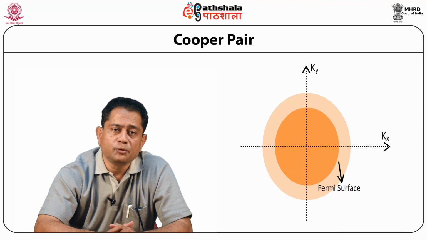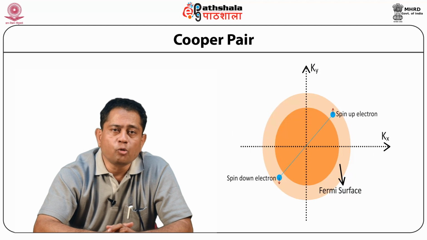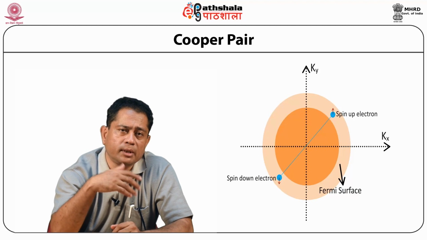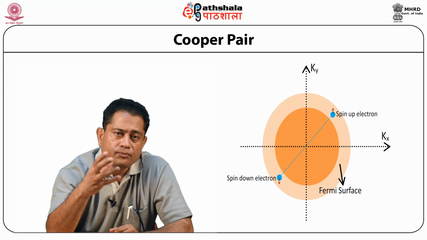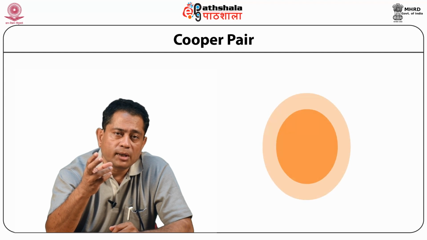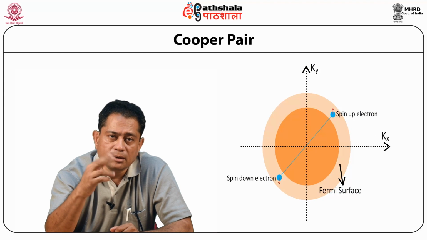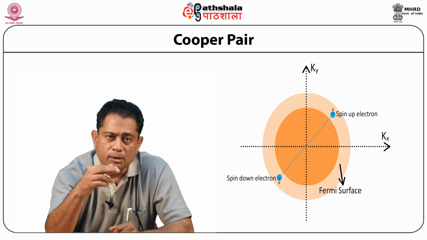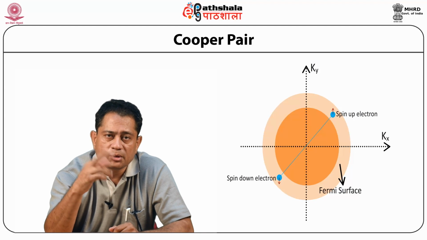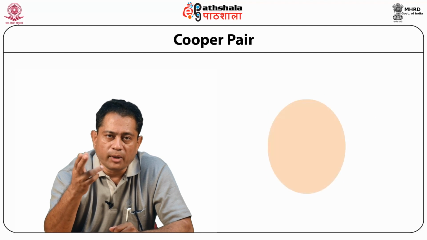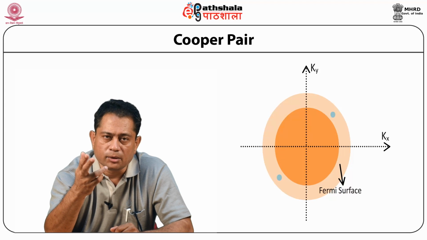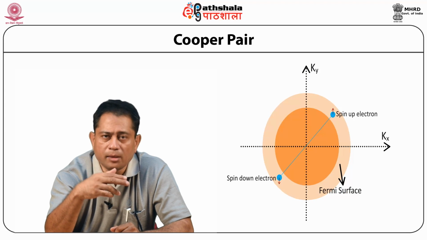This figure shows the Fermi surface where Cooper pair formation occurs. As we had discussed, the Cooper pair is formed between two electrons with opposite momentum, that is k and minus k, and clearly these blue dots are the two electrons on opposite sides, plus k and minus k.